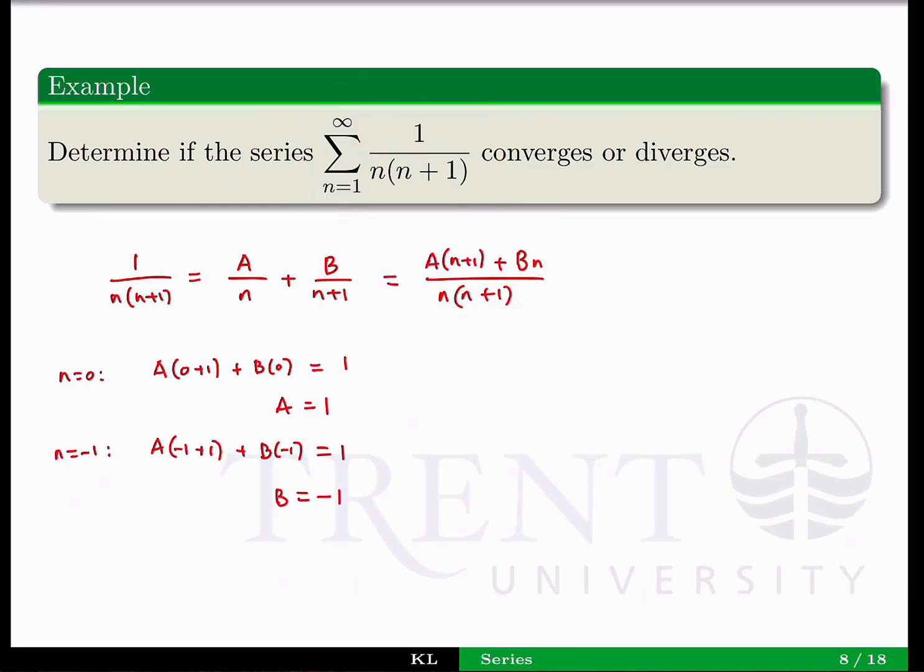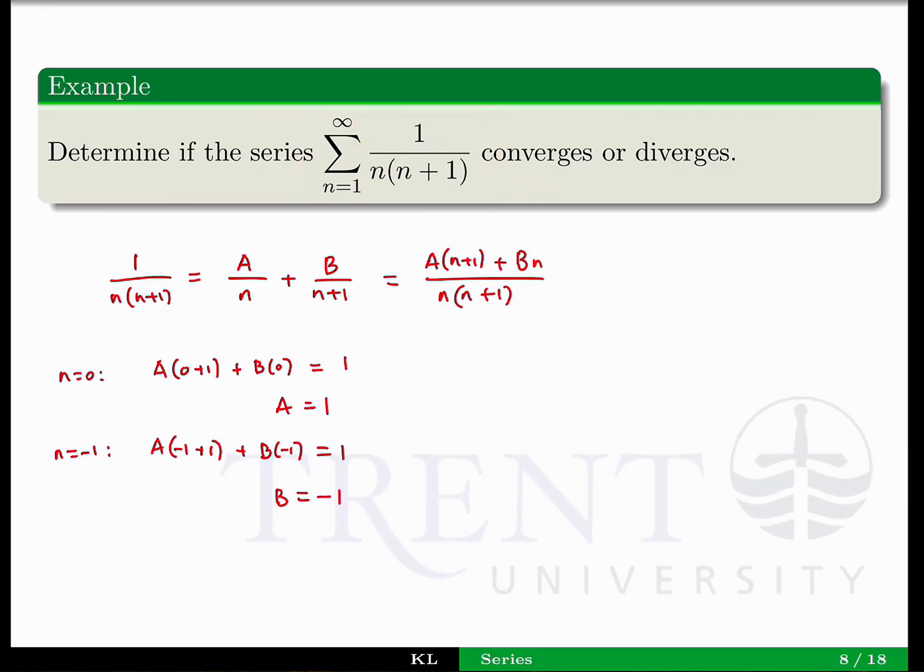I mean, this one is just a method of decomposing the fraction. So you can use any number. But when you are trying to add the terms, you actually start with n equals 1. So anyway, what does this mean?